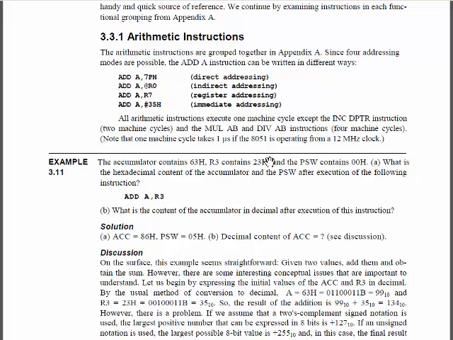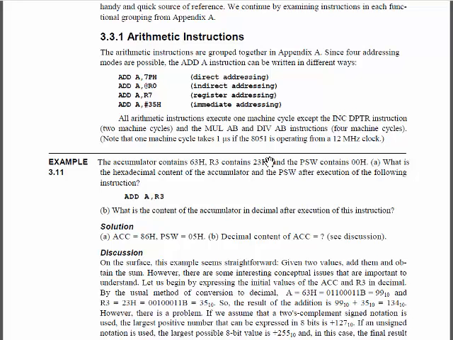So the first one is add to A the contents of, and don't ask me what 7P hex is. That looks like a real typo to me, right? But we're assuming that that's the address of our data, although it's not 7P, it's probably 7B. Add to A the contents of the memory location pointed to by R0.